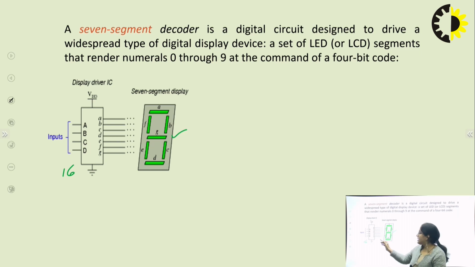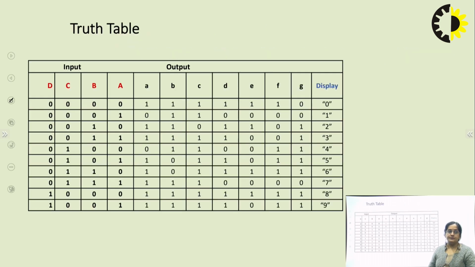For these 7 outcomes, we have to make a logical expression. So first we will go through a truth table. In this case, we have these valid input combinations, for which we make outputs A, B, C, D, E, F, G high or low. For example, when we have to display a 0, only G should be off.